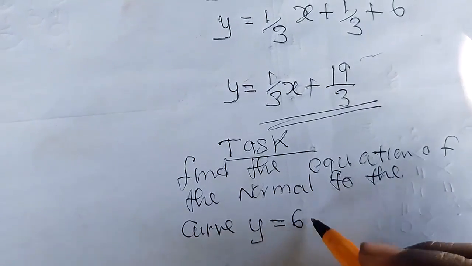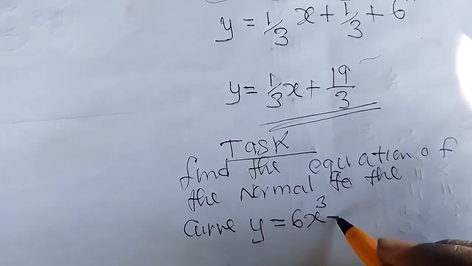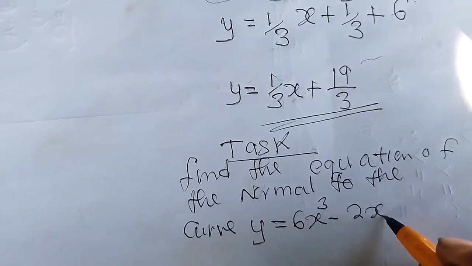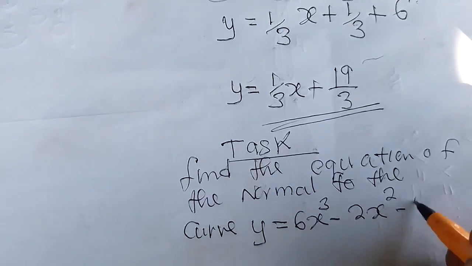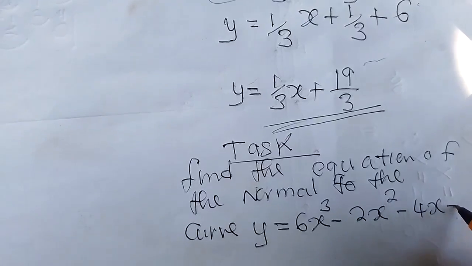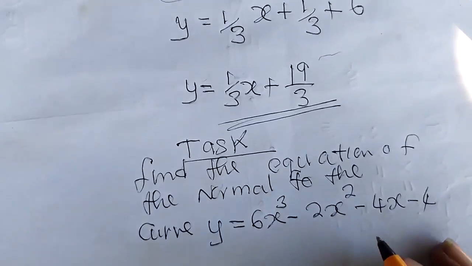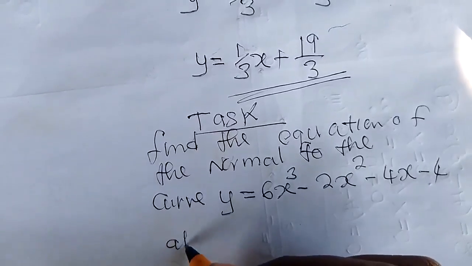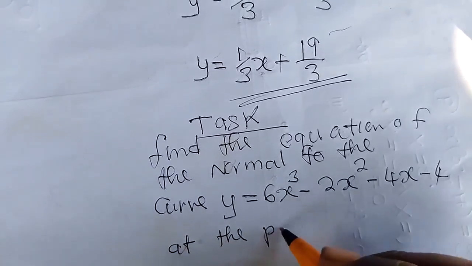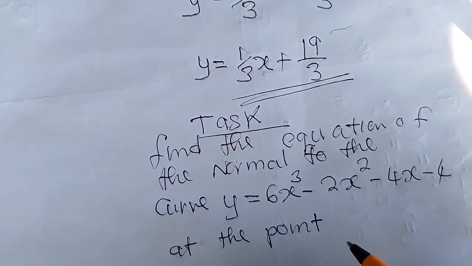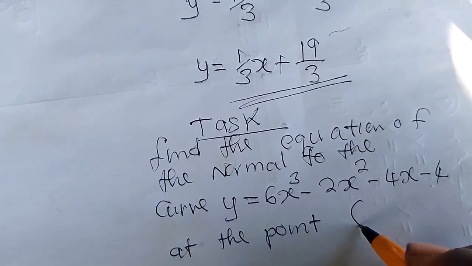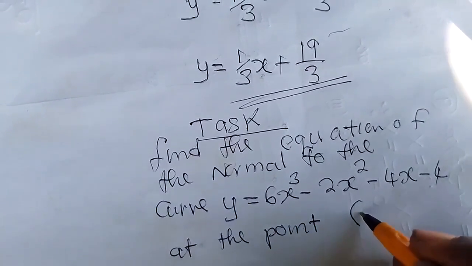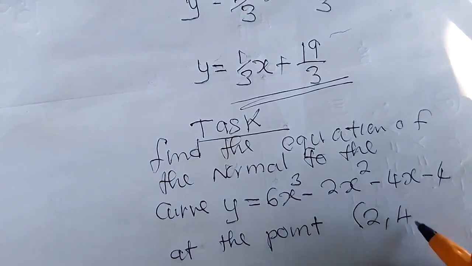y is equal to 6x cubed minus 2x squared plus 4x minus 4. That is the equation, at the point 2, 4.